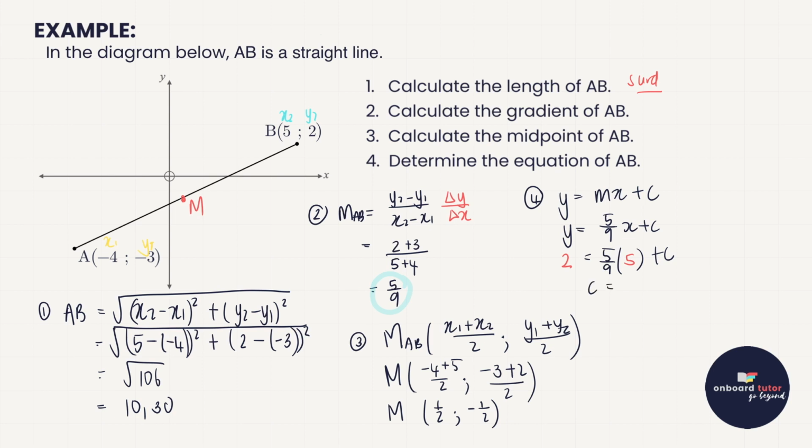Let's get the calculator out for that. 2 minus 25 over 9 gives us minus 7 over 9. And so therefore, y is equal to 5 over 9x minus 7 over 9. Okay, and so if they were to ask me what is the y-intercept of this line AB, I could tell them it's minus 7 over 9.